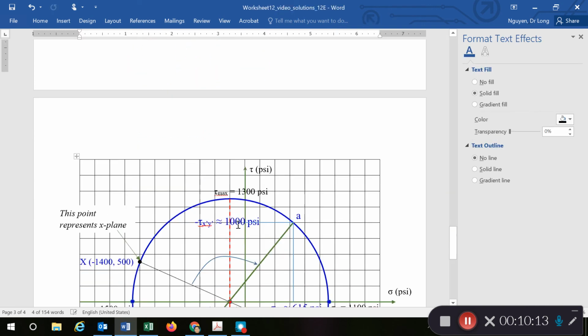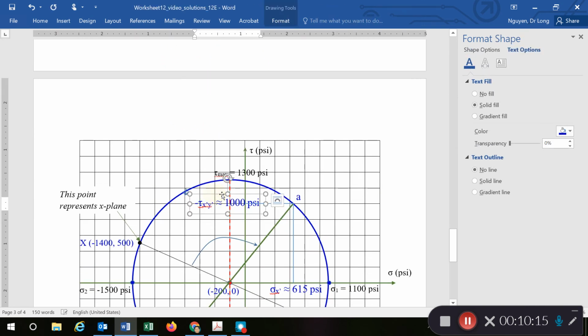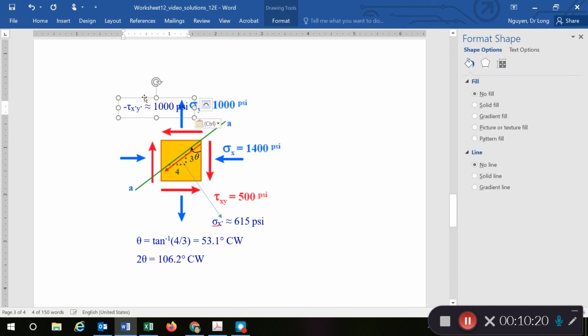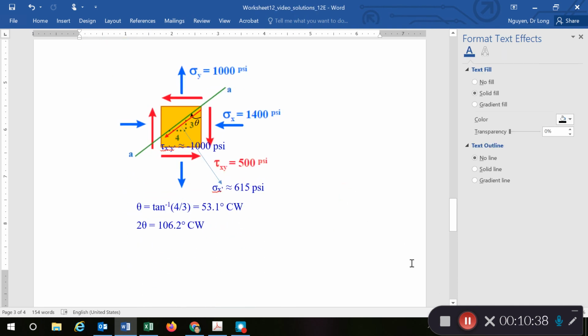The tau on that plane is negative because it is opposite to the positive y-axis. With that, we are done with this problem.